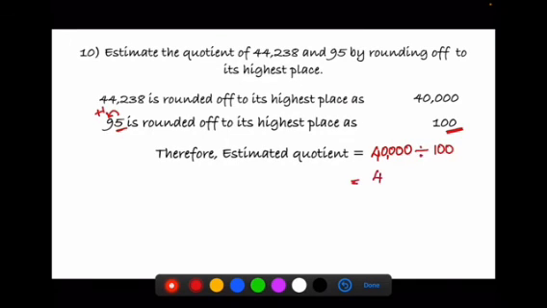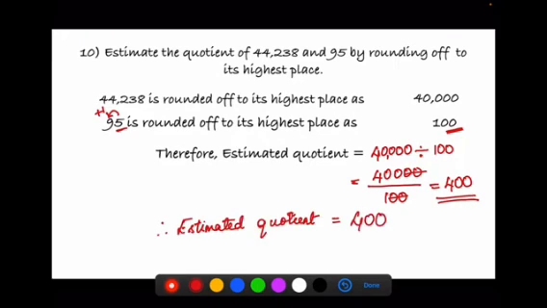Children, this could also be written as 400. Therefore the estimated quotient would be 400. I hope all of you understood, children.